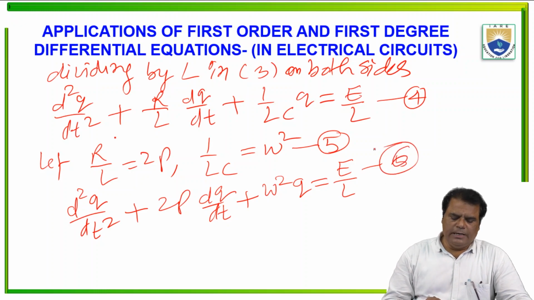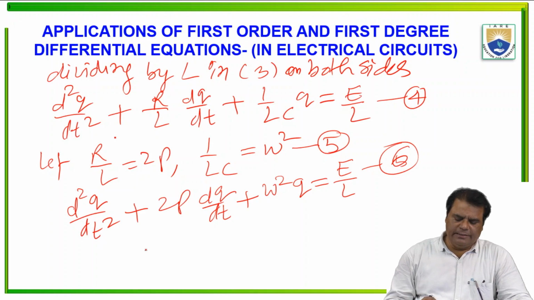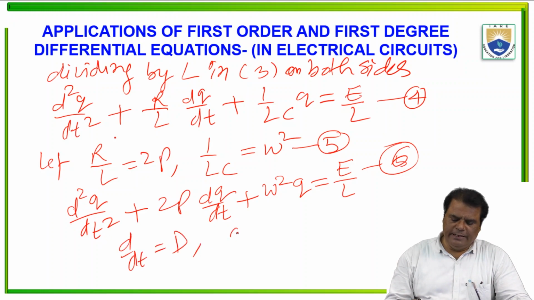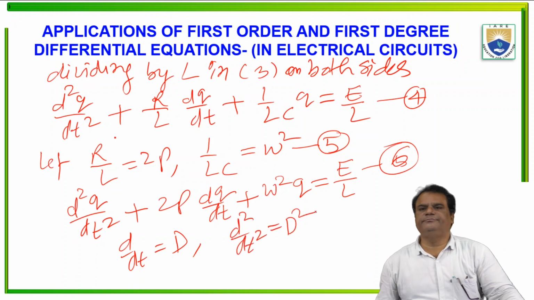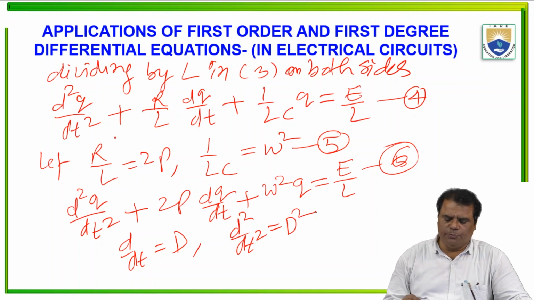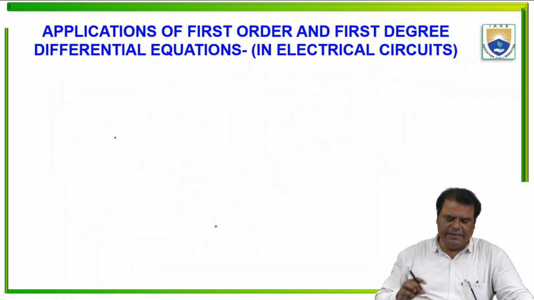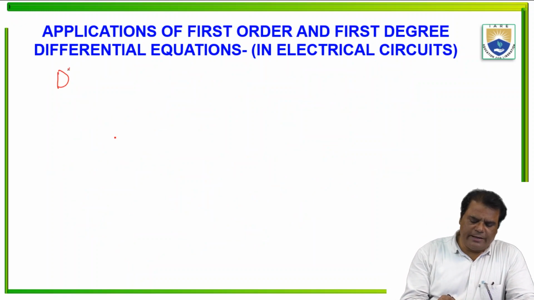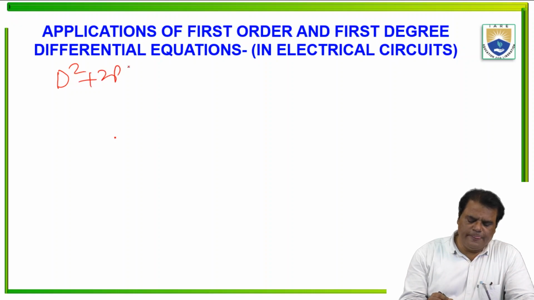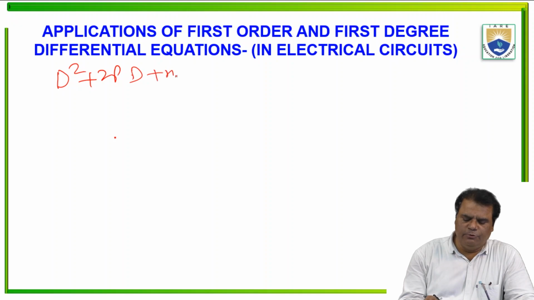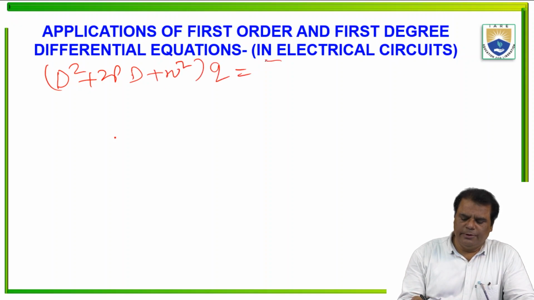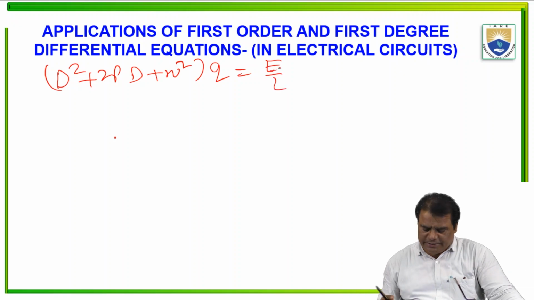This is equation 6. Now putting d over dt as capital D and d2 over dt2 as capital D square, we get D square plus 2p D plus w square into q is equal to E by L. What is E?